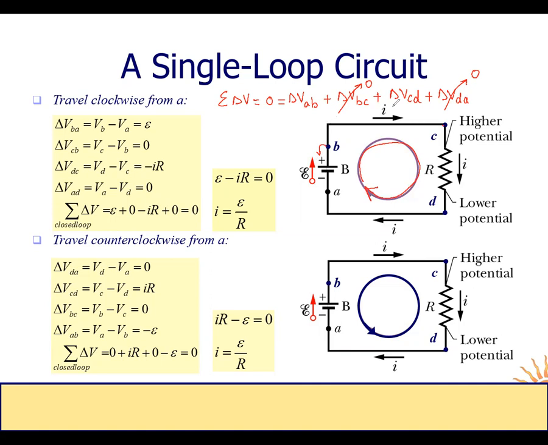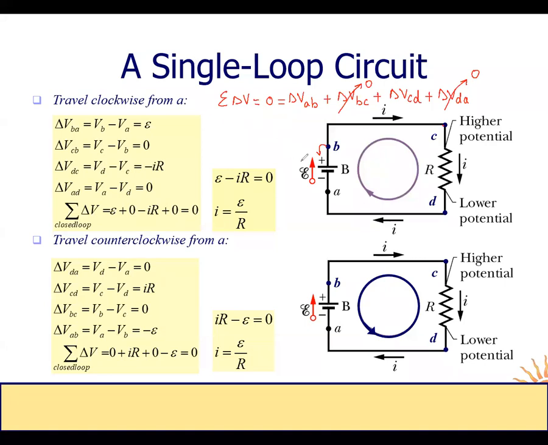In this example, I could also pass from B, A, D, C, B, anti-clockwise. Now I am going in a clockwise direction. By clockwise, I mean from A to B to C to D to A, okay?